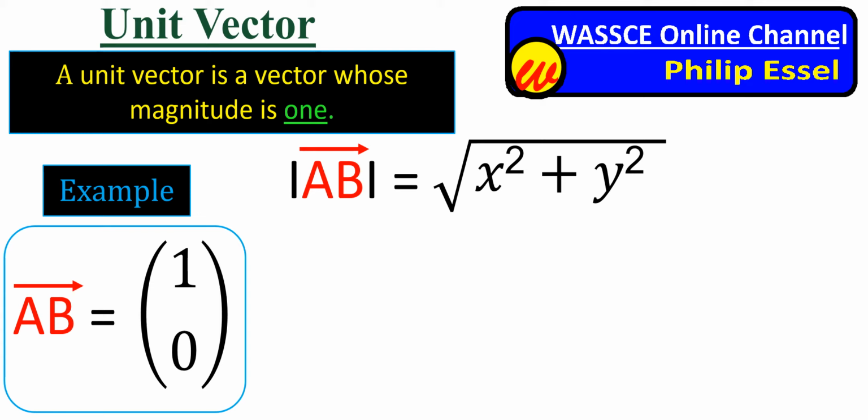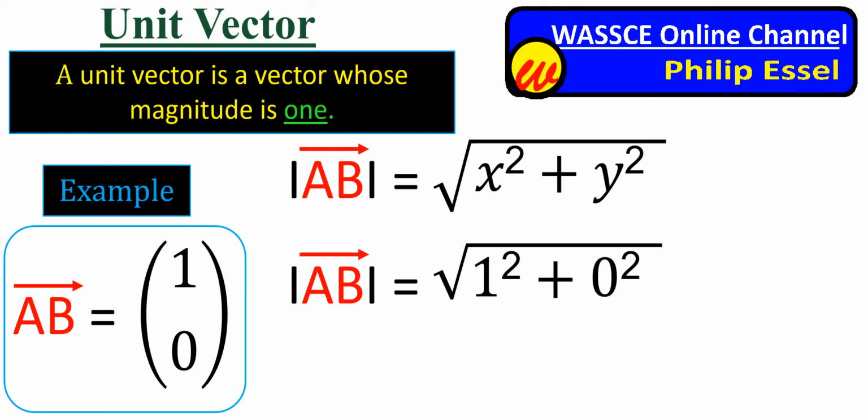So let's substitute these numbers into the equation. That will give us the magnitude of vector AB to be equal to the square root of 1 squared plus 0 squared. When you solve the items under the square root symbol, you would get 1.